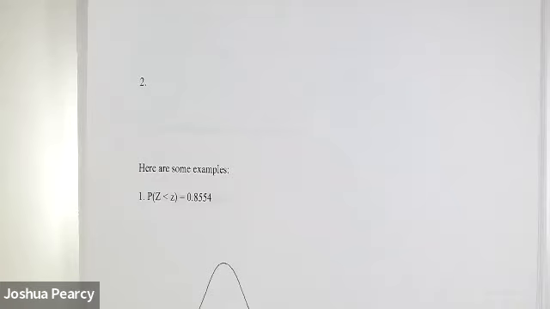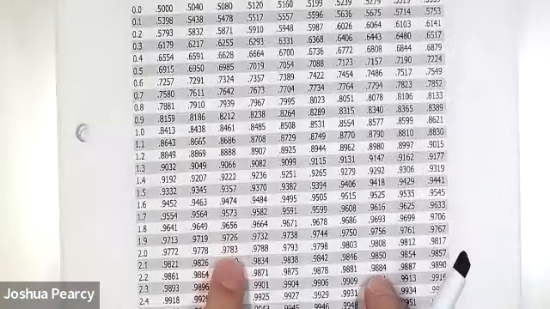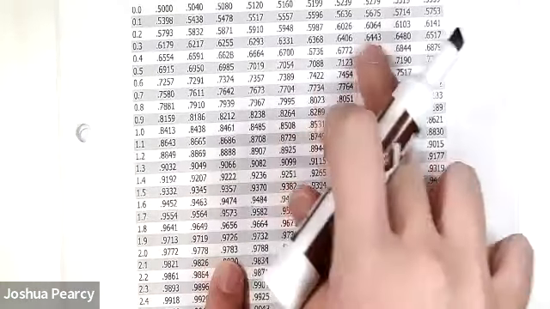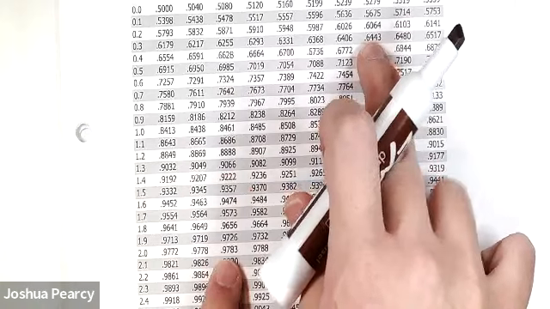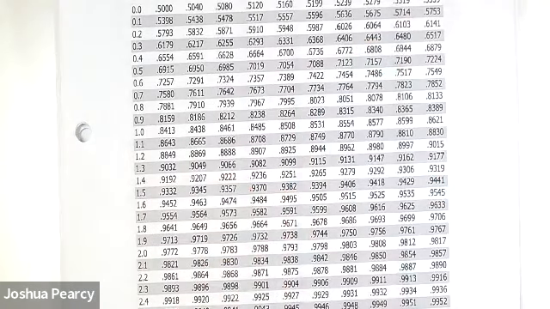Say it's like 0.9824. I have no idea if that number's in there, by the way. I tell you this area to the left. You should be able to look inside this table, which gives you all the areas to the left. All you need to do is look in the table for this to find the associated z-score.